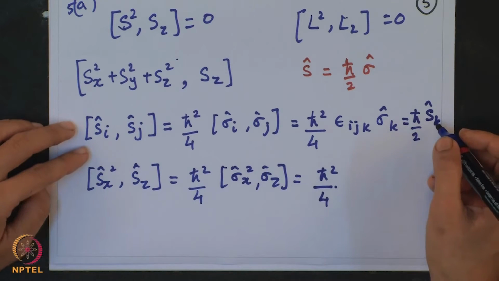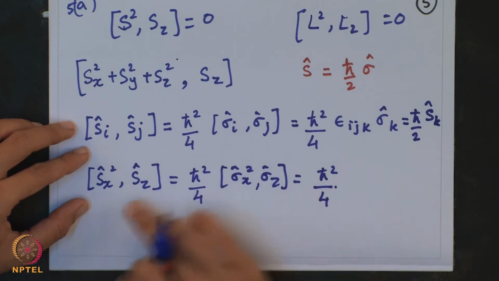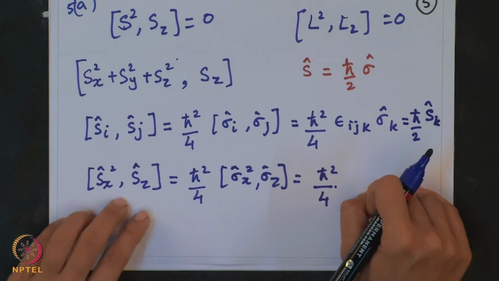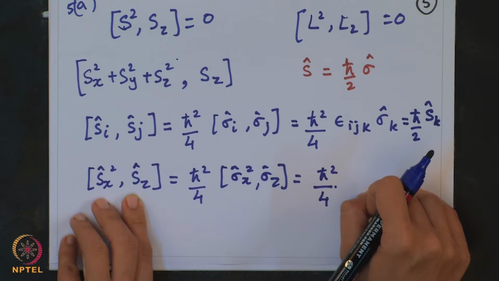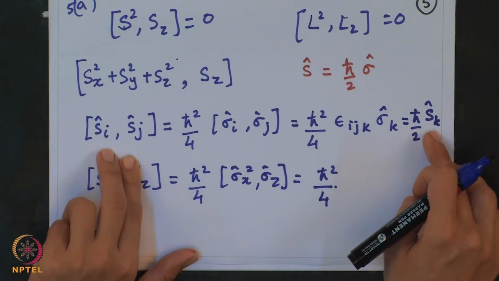Either you substitute for this and check the result, or you keep these in terms of the S notation if you know the commutators of S.